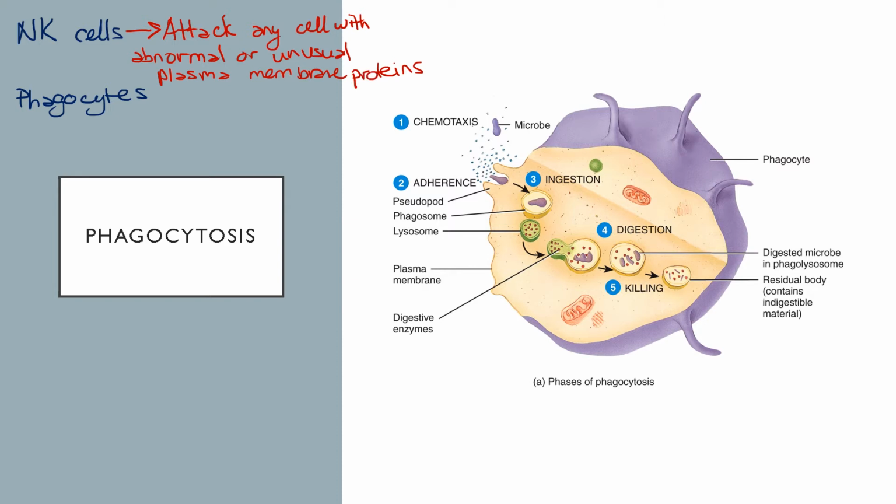Proteins. Okay, now phagocytes, on the other hand, are specialized cells that perform phagocytosis. So phagocytosis is the ingestion of microbes or other particles like cellular debris.